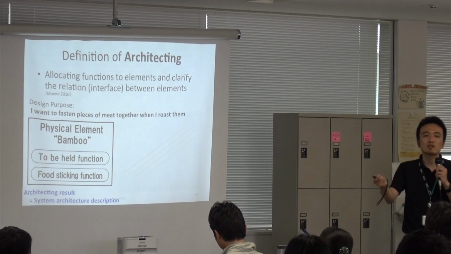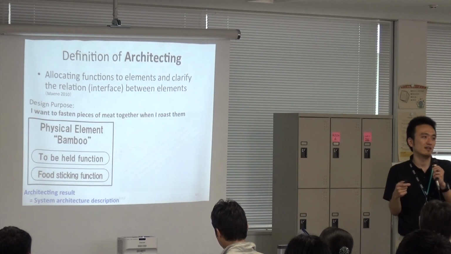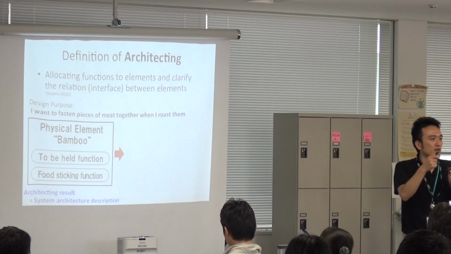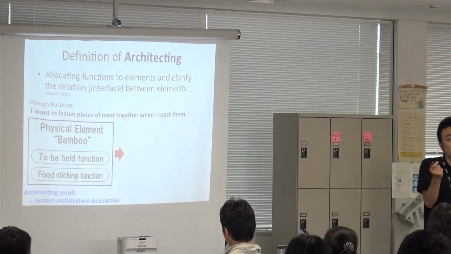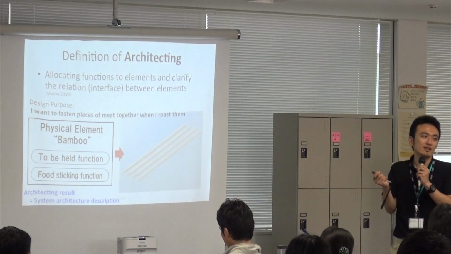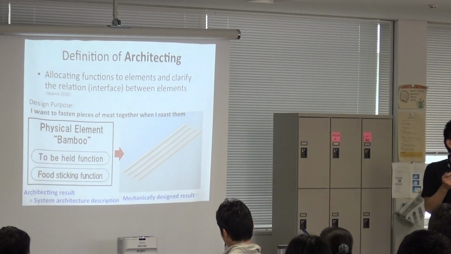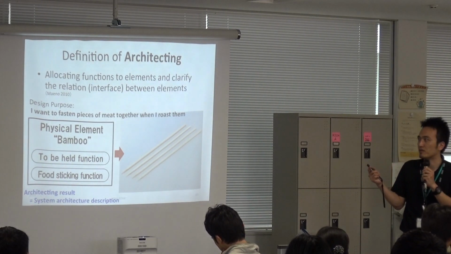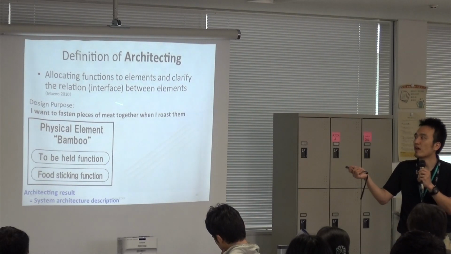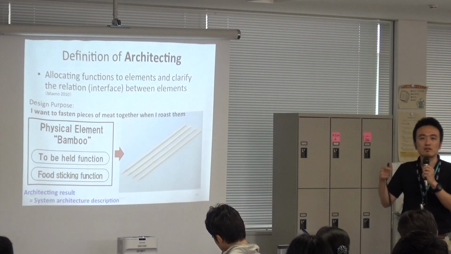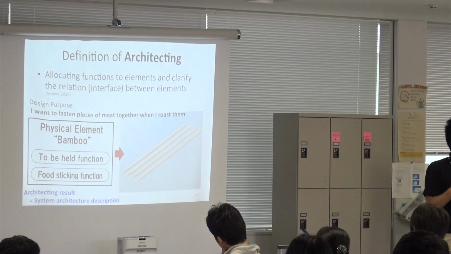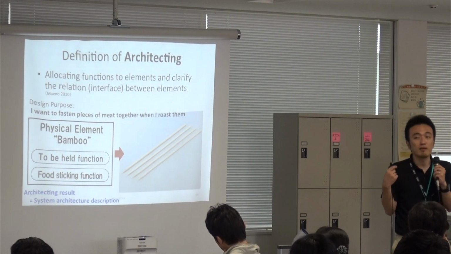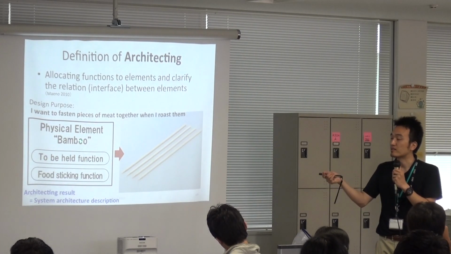Now I'm moving into the actual mechanical design, right? So I take bamboo and I tweak around, do other things, or maybe I do some calculation, and I get this. This is the mechanically designed result. So it's a very high abstraction level design, right? That can help you to come up with the final solution. I may be able to choose, I don't know, iron, if I were able to choose that, instead of bamboo.